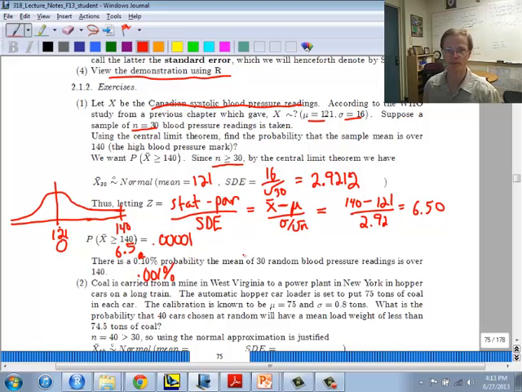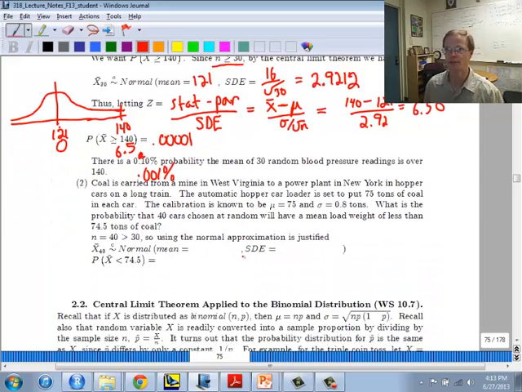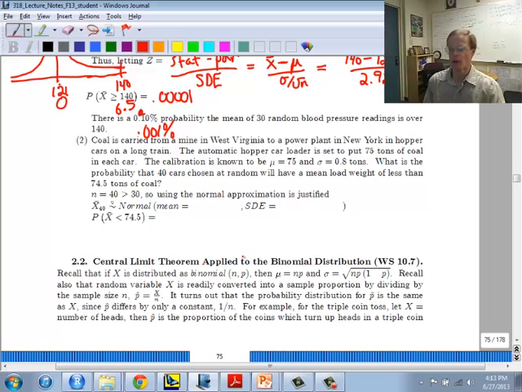Virtually impossible. Okay, last example here. Coal cars. Last time we had the probability of a single coal car getting a half a ton short. This time we're talking about 40 coal cars averaging a half a ton short.